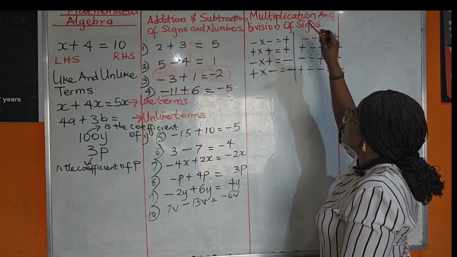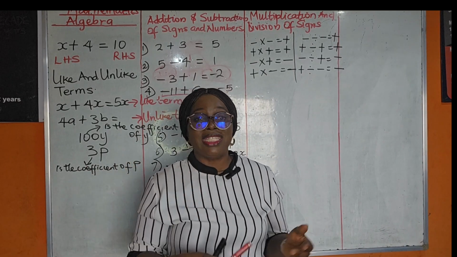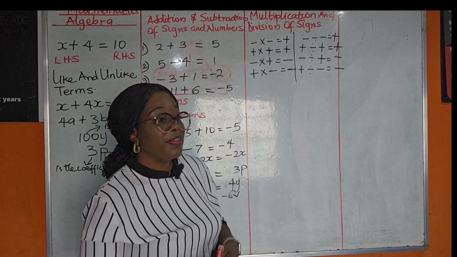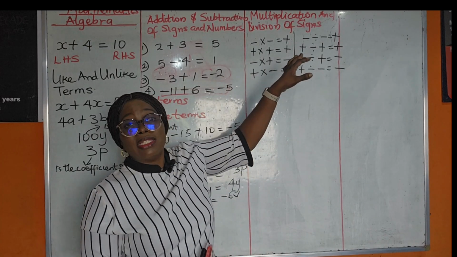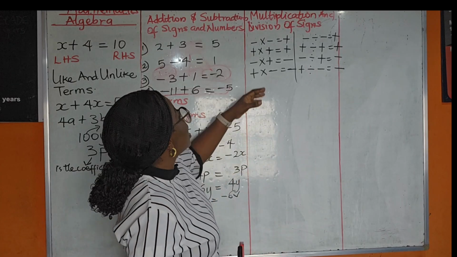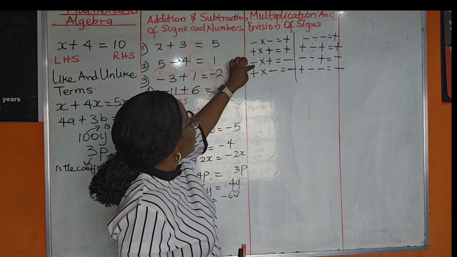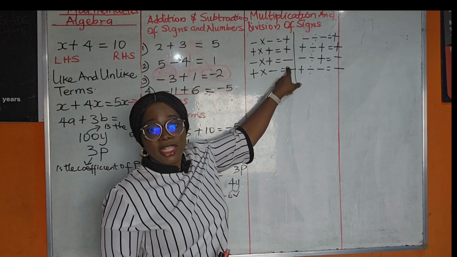Minus times minus is plus. So when you multiply two negative numbers, you're getting a positive answer. That's what it means. We're going to solve examples. When you are multiplying two positive numbers, which is what we are used to doing, you're going to get a positive answer. When you multiply one negative number and one positive number, your final answer will be negative.